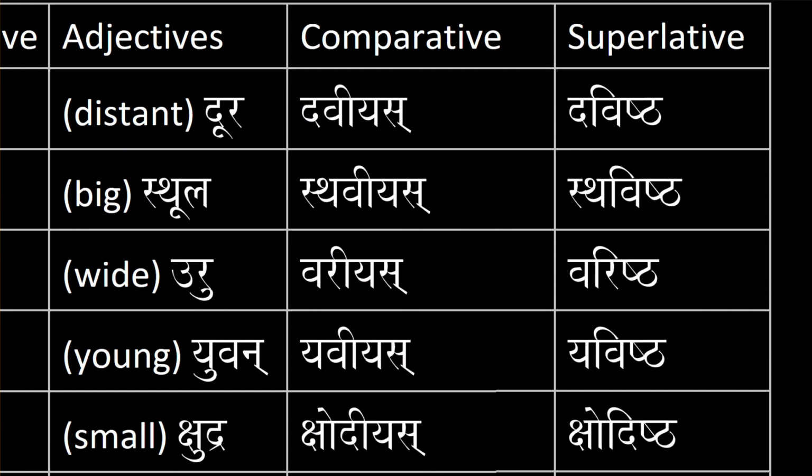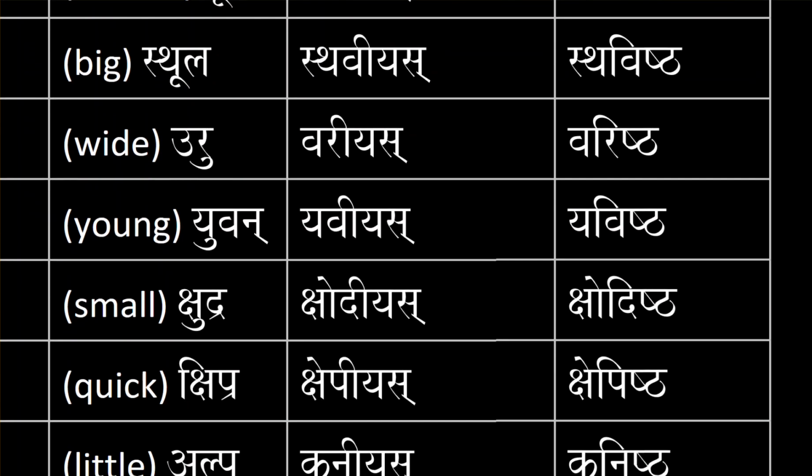Big, sthula, you have, for comparative and superlative, sthaviyas and sthavishtha. For wide, we have uru, you end up with variyas and varishtha. For young, we have yuvan. For comparative and superlative, you have yaviyas and yavishtha.